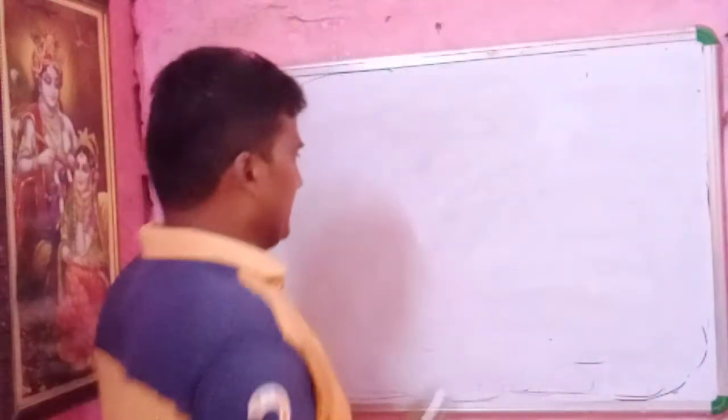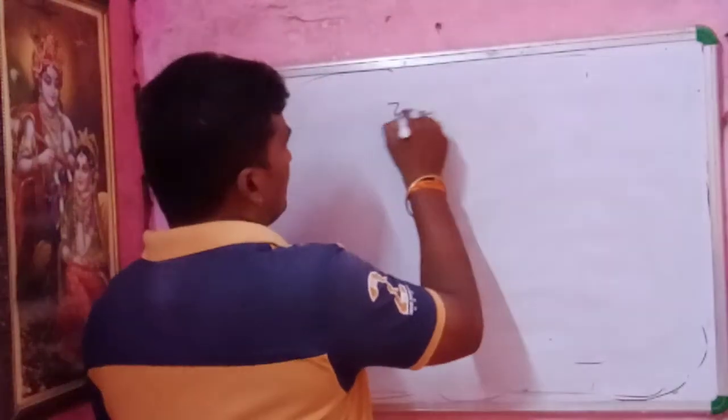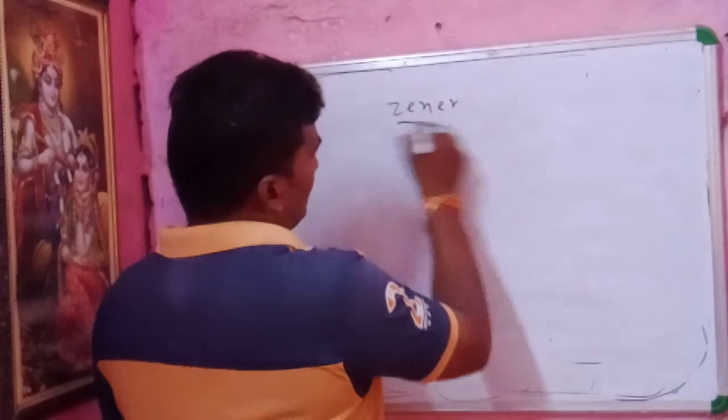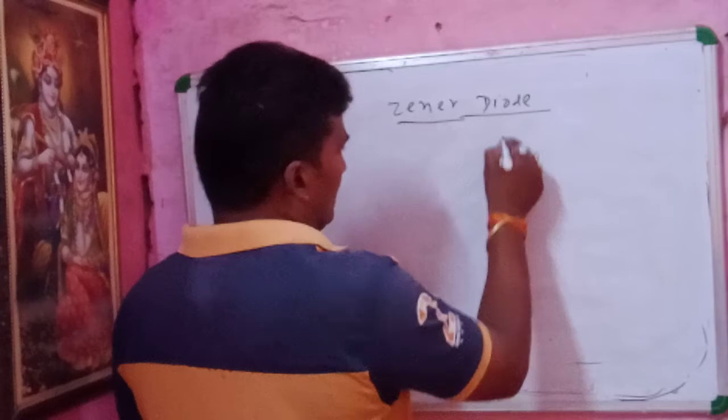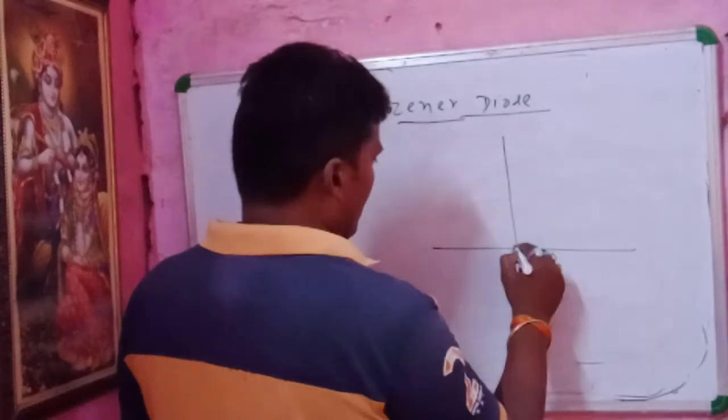The easier example of the non-ohmic graph is also the Zener diode or the PN junction, in forward and reverse bias. The Zener diode is represented in this type.